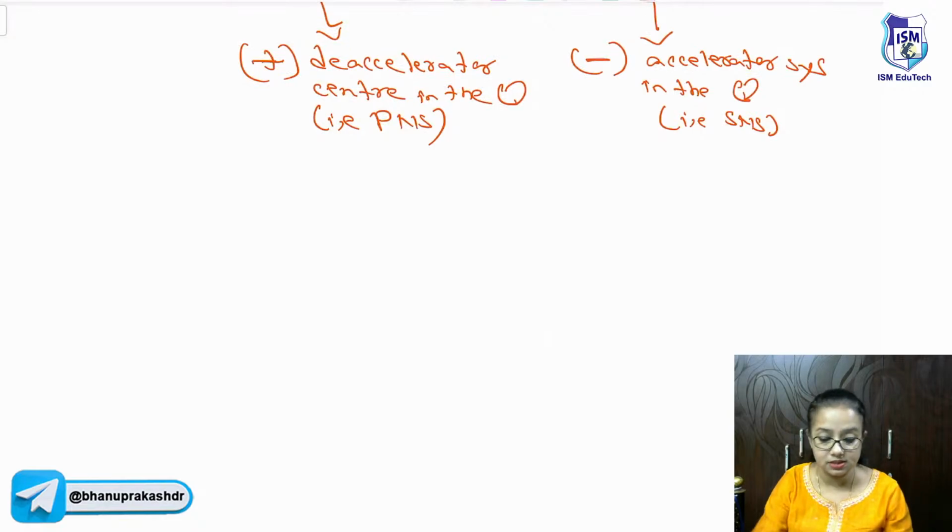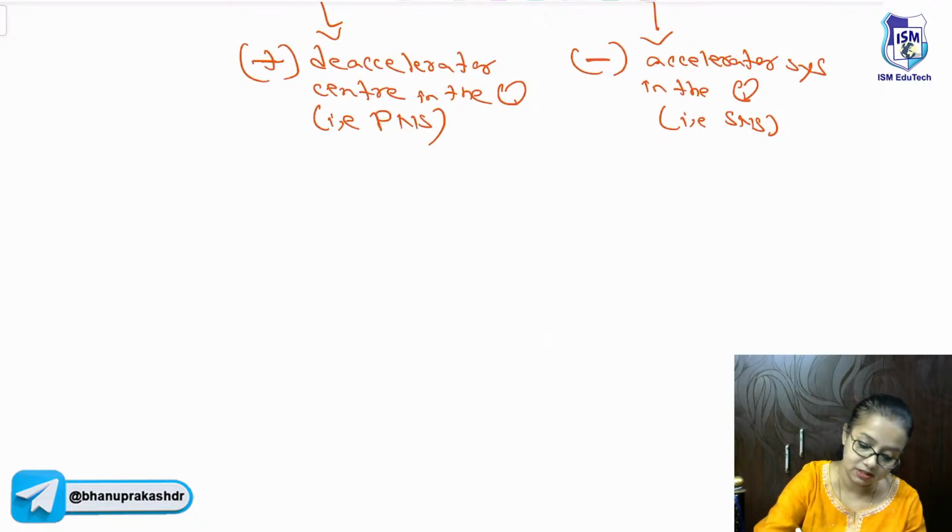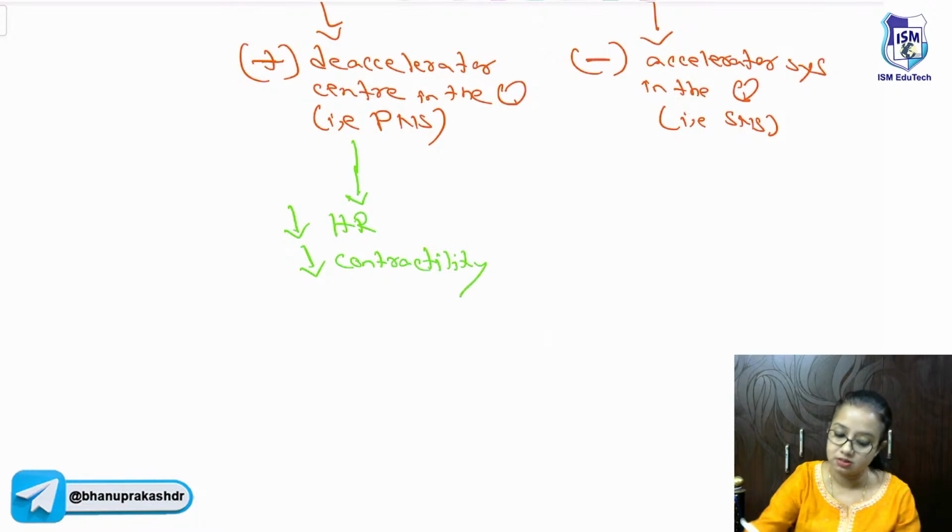So when this is happening, the parasympathetic nervous system will decrease the heart rate and decrease the contractility, okay?